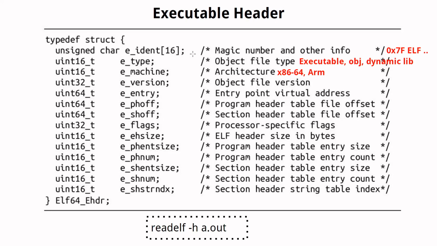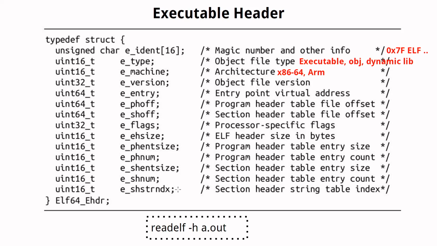Then the header tells what kind of architecture this file is for, and whether this file is an executable standalone one, or an object file that needs to be linked with other files, or a dynamic library. What architecture is this? Is this for Intel, or for ARM? Versions, and many other things.